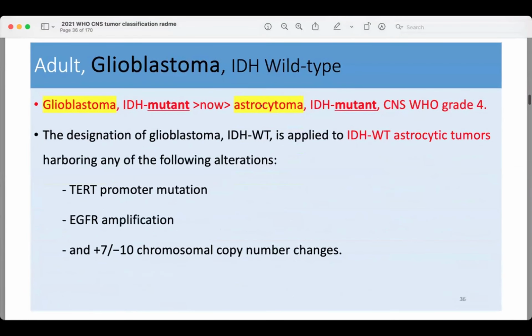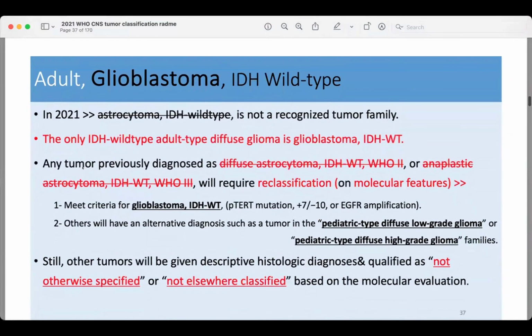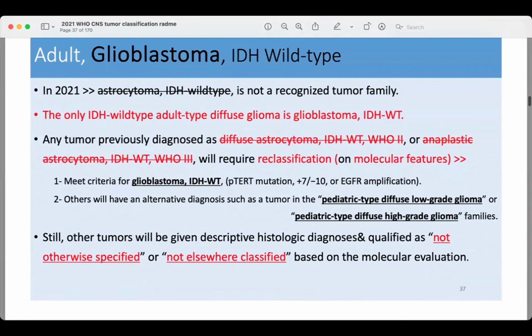The mutant is now under the astrocytoma, and there are also certain features of the glioblastomas. There are other gene mutations like here, and the glioblastoma must have this IDH wild type genetic mutation and these other features of the genetic testing.